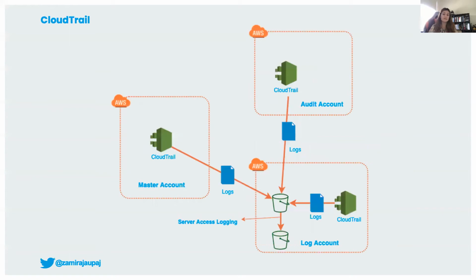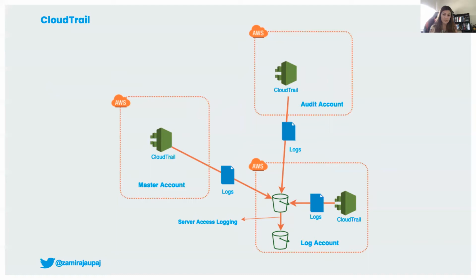Another service that is also part of Control Tower and is applied to all AWS accounts is CloudTrail. CloudTrail allows you to collect the history of all API calls made through the AWS Management Console, SDK, command line, and probably other AWS services as well. Control Tower allows you to enable AWS CloudTrail in all accounts and all regions automatically.